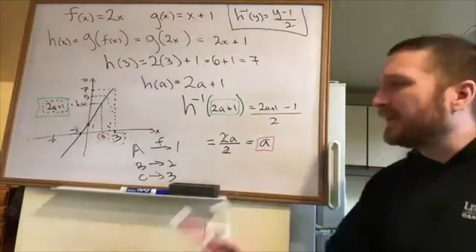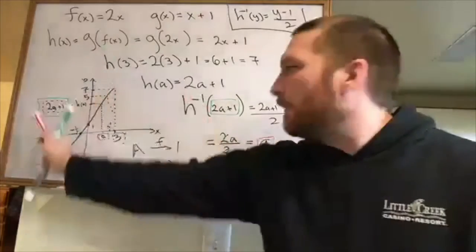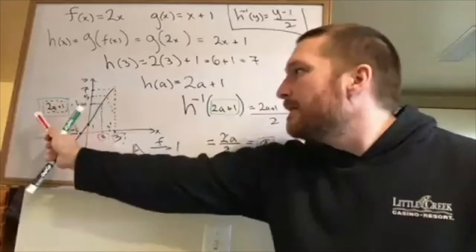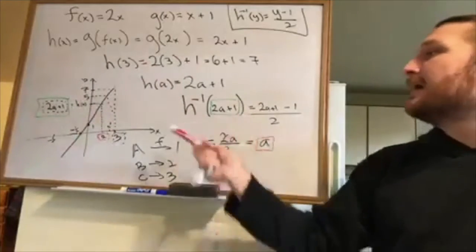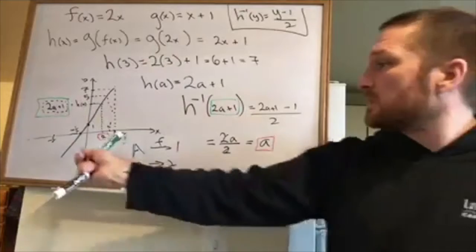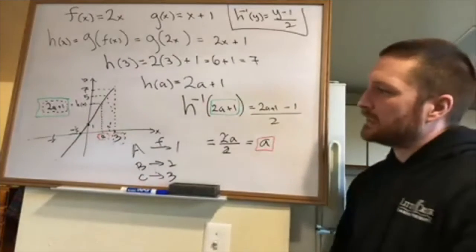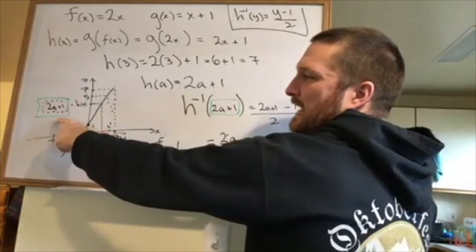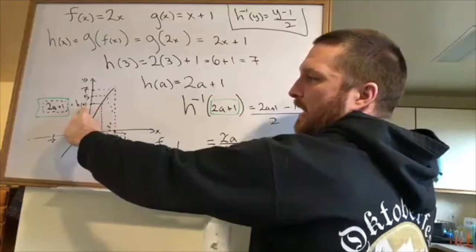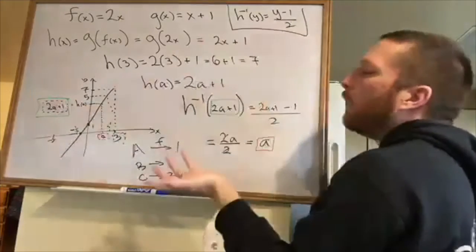Now I'm plugging in an A. It tells me to do something to A and I get some output, whatever it happens to be. But if I take that very output and pull it back, then I should end up where I started, here at A. The conceptual leap here is to say, well, this symbol means the same thing as h of A. This is just an explicit formula for the output.